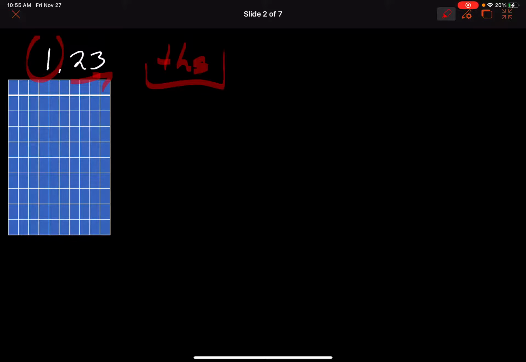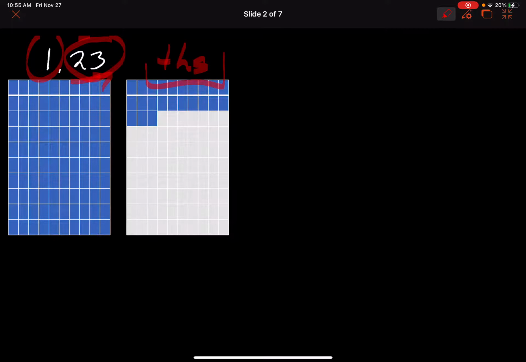And the part after is going to be represented like this as well. So the 2 is tenths and the 3 is hundredths, right? So I'm going to have 23 out of those 100 blocks colored in, which is what I have there.